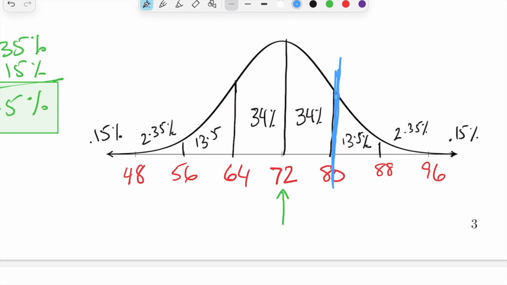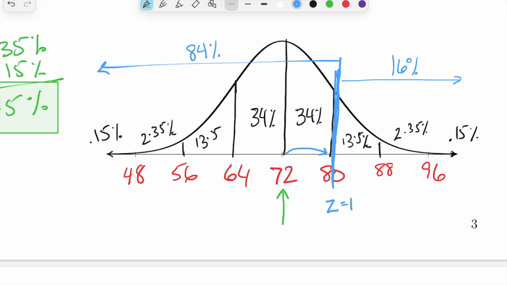So 16% of the data is above that 1 standard deviation, and the rest, or 84% of the data, is below that 1 standard deviation, right? We go up 1 standard deviation. This z-score would be a z-score of 1 because that's 1 standard deviation.